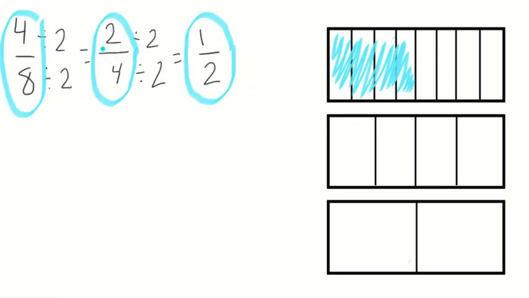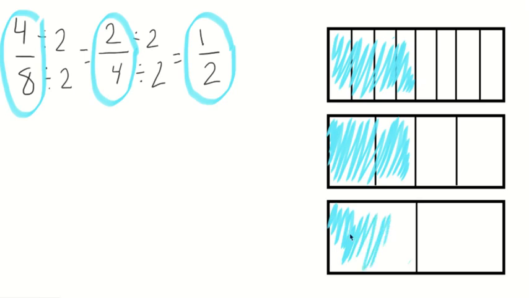And I'm going to highlight 2 pieces. This cake is divided into 2 equal parts, and I'm going to highlight 1. So if you ate half of a cake, or if you ate 2/4 of a cake, or if you ate 4/8 of a cake, you're eating the same amount of cake.